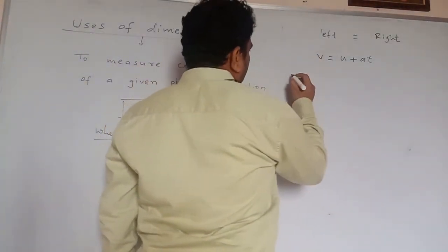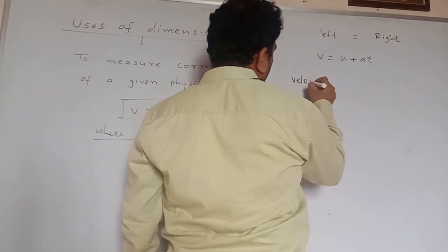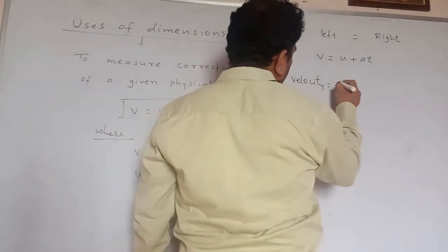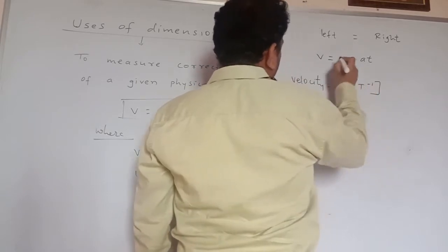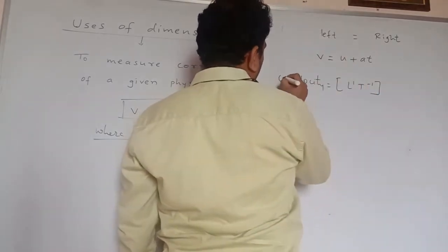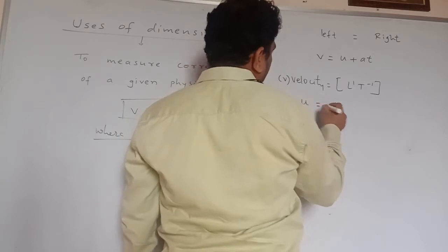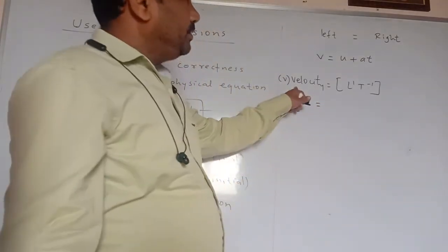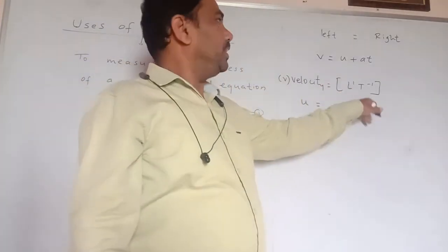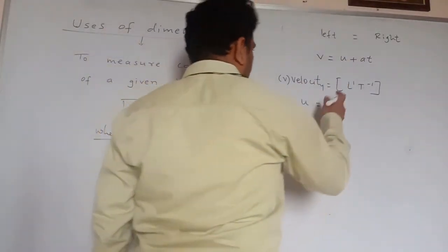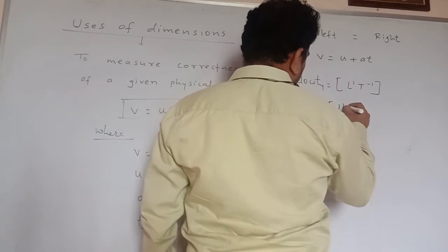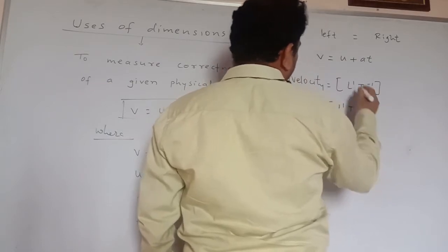The dimension of velocity is L1 t minus 1. So dimension of v, that is velocity, is L1 t minus 1, and dimension of u, that is initial velocity, is the same, L1 t minus 1.